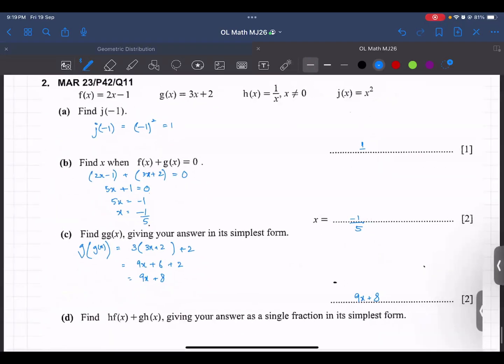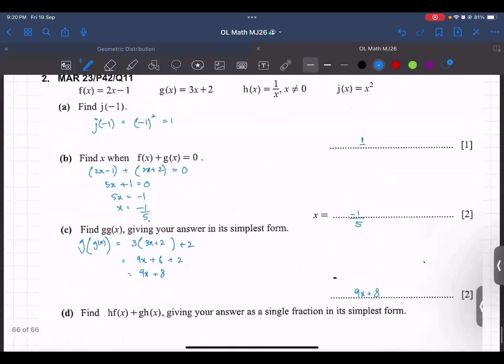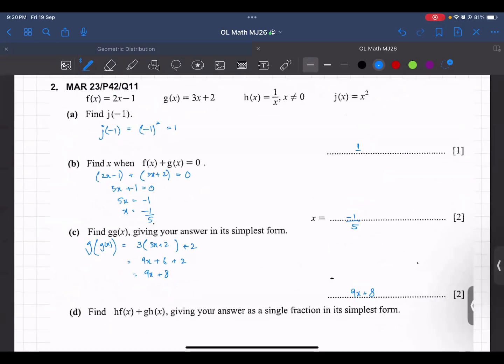Then 4 marks. hfx plus ghx. Inside your f, you have to input h. So 1 upon x square, I think this is x square. So 1 upon, now this would become 2x minus 1 whole square.